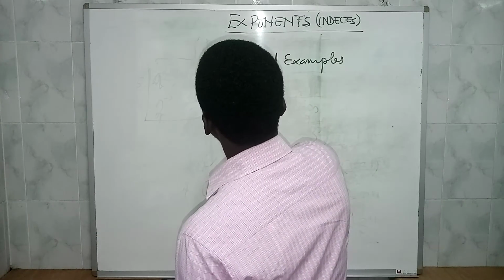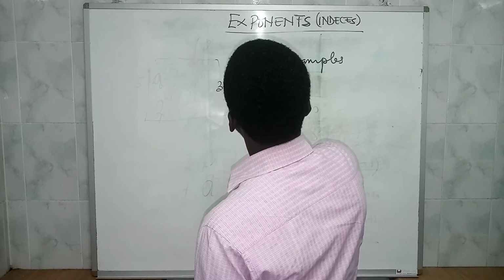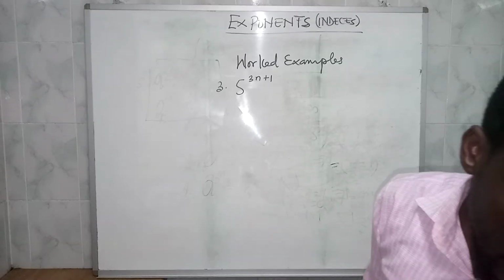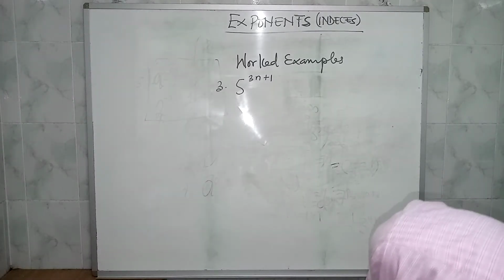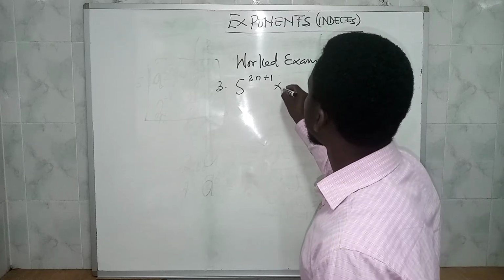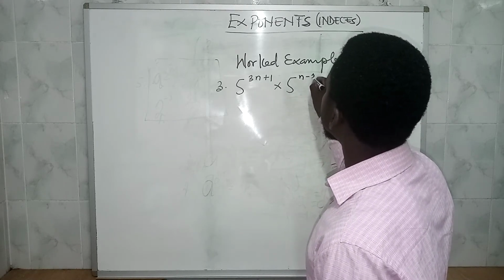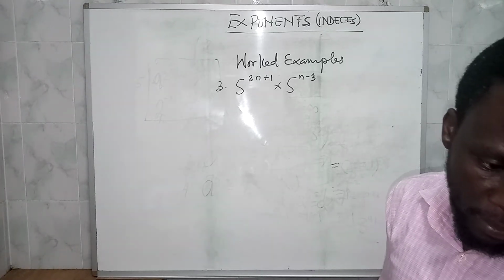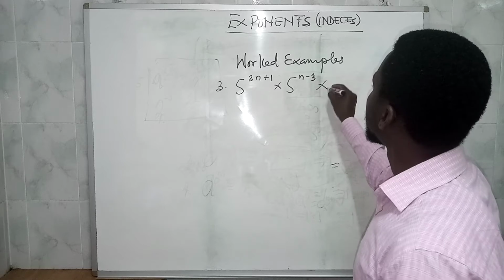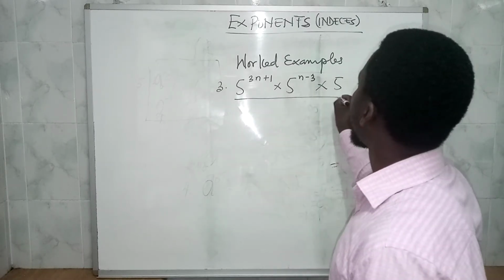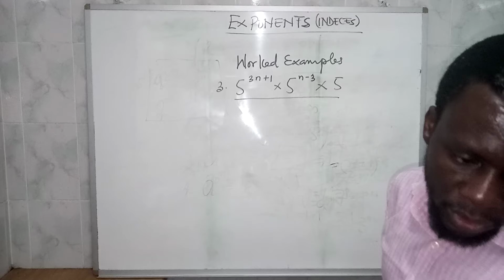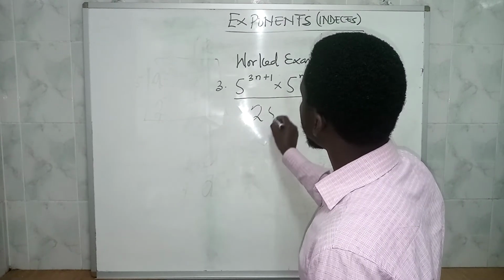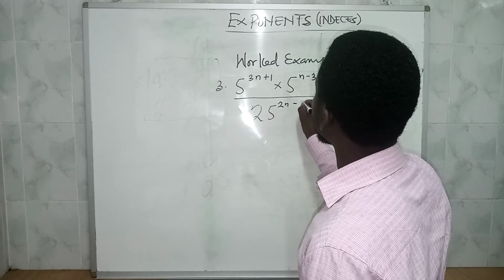5 raised to the power 3n plus 1, times 5 raised to the power n minus 3, times 5, all over 25 raised to the power 2n minus 4.